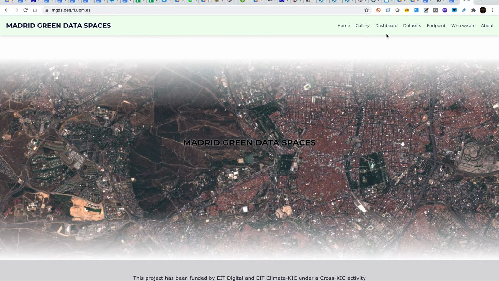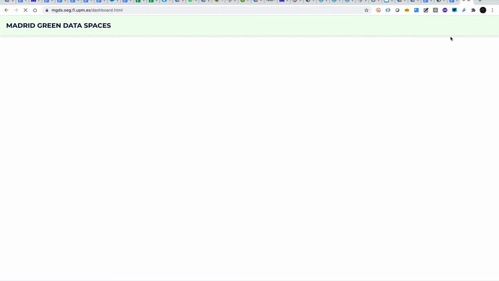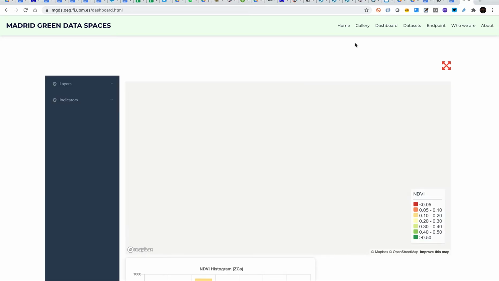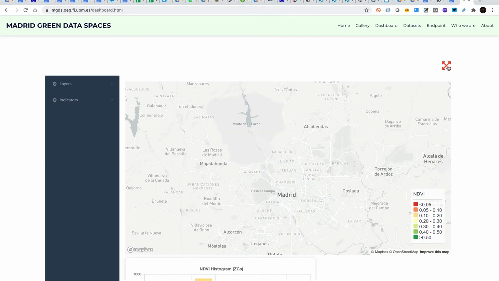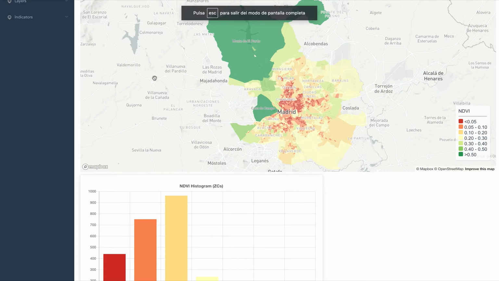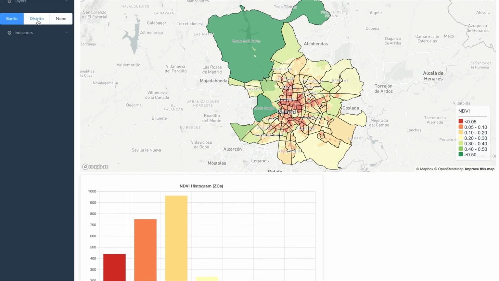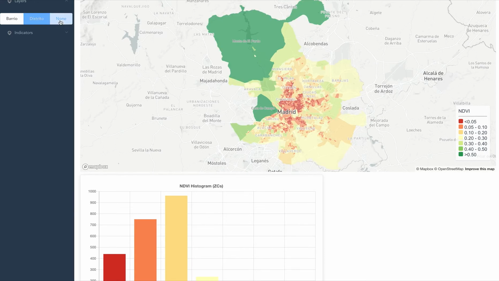So if we move into the dashboard, the rest of components are available over here in the corresponding website. We can see that we have different layers that we can use based on neighborhoods, districts, census tracts, and also, I mean, we may remove those layers. And we have the 5 different indicators that have been generated.